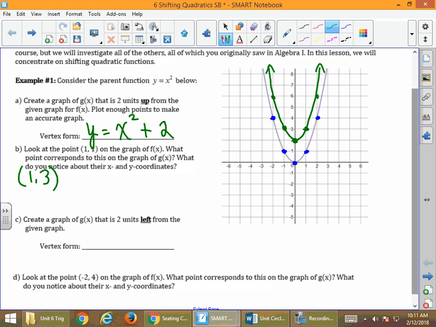And what we want to know is, do we notice anything about the x and the y coordinates on this? Well, (1, 1), (1, 3), what I hope we notice is that the x values stayed the same, but the y value changed.